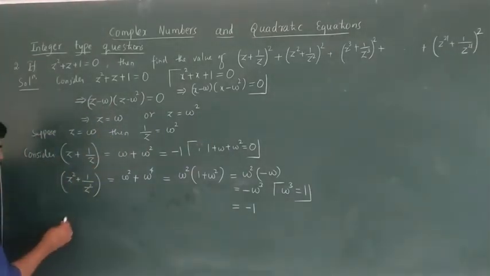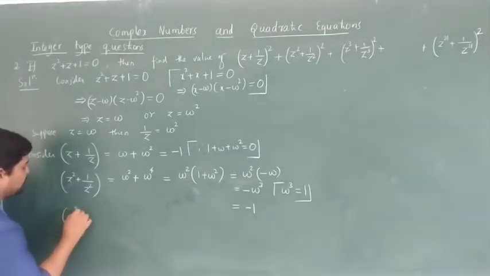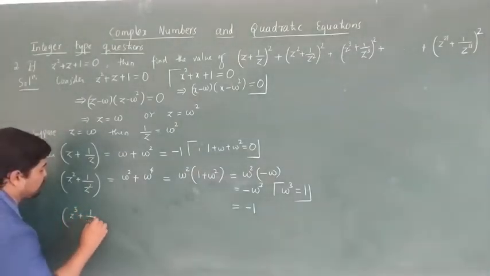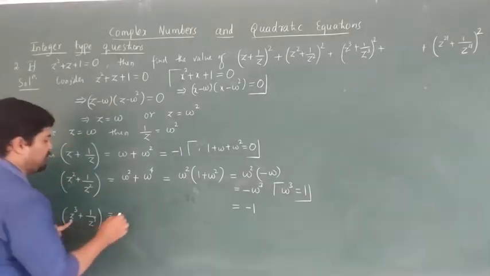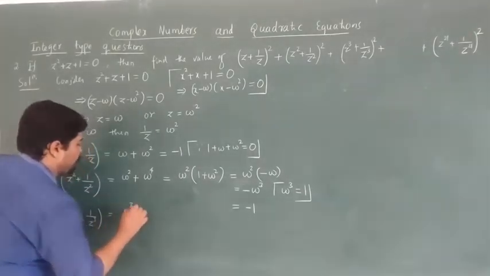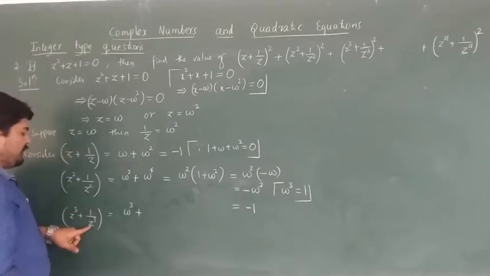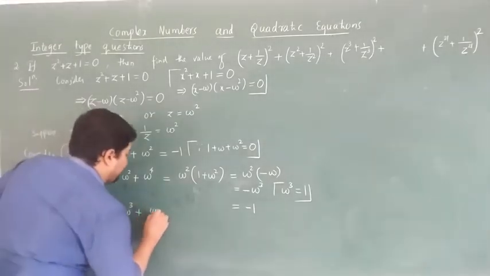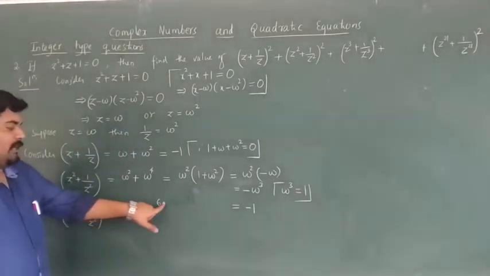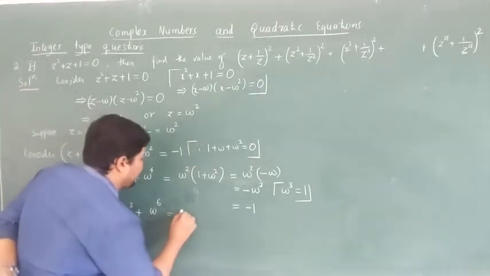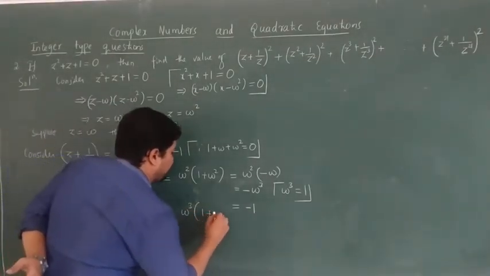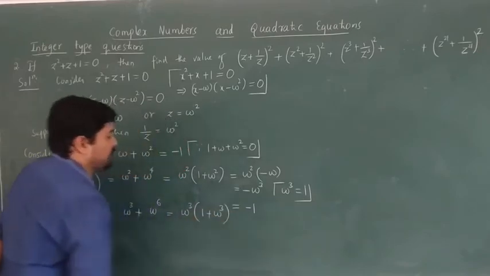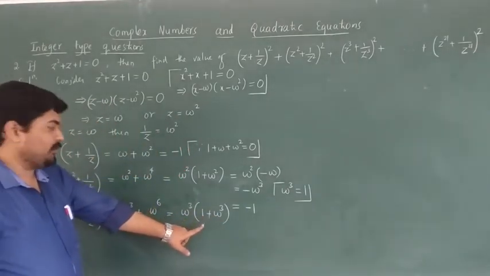Now consider z power 3 plus 1 divided by z power 3. If you consider z as equal to omega, then z cube is equal to omega cube plus, here, 1 divided by z cube must be equal to omega power 6. Now take out omega cube as the common factor. You are left with 1 plus omega power 3. I hope you can easily understand this one.